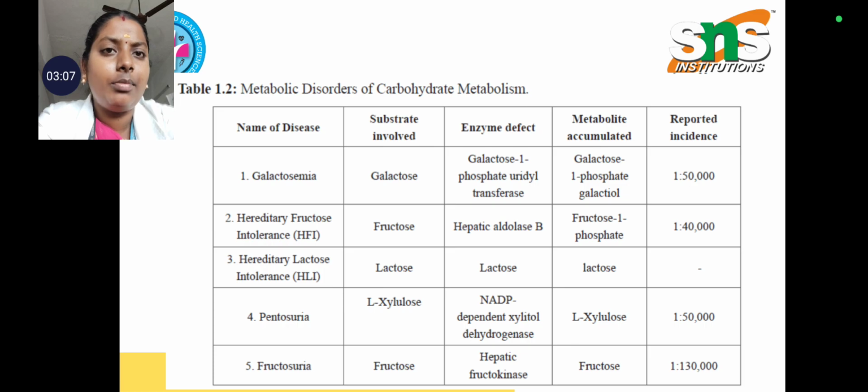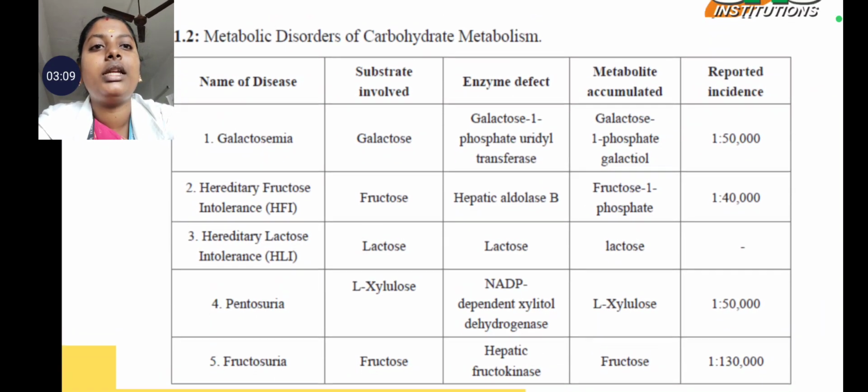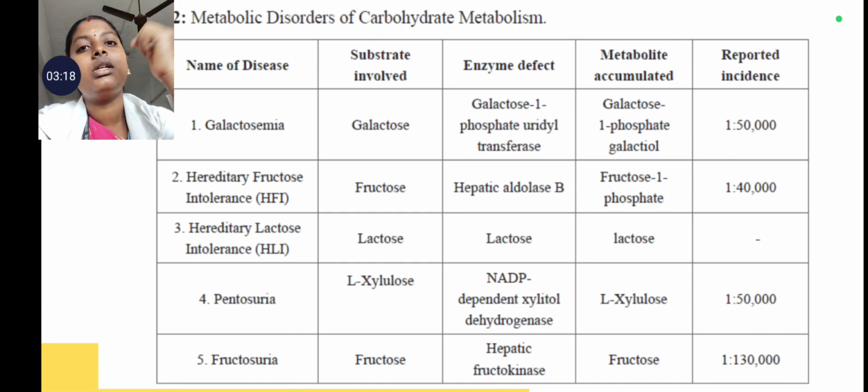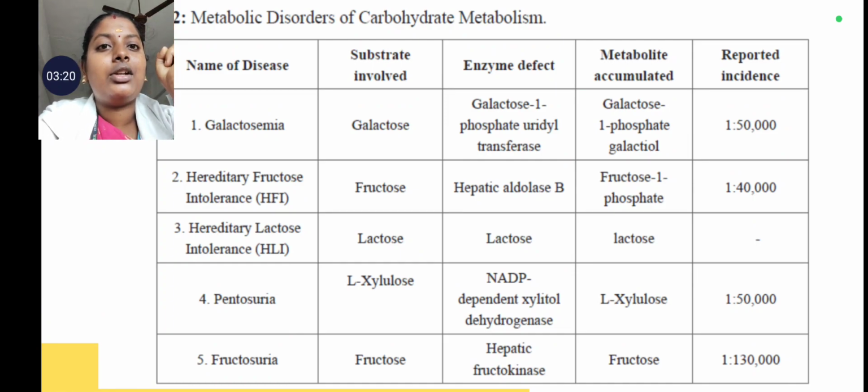And coming to the metabolic disorders, what are all the disorders associated with carbohydrate metabolism? There are 5 types of metabolic disorders. First one is galactosemia, and another one is hereditary fructose intolerance, lactose intolerance, pentosuria, and fructosuria.